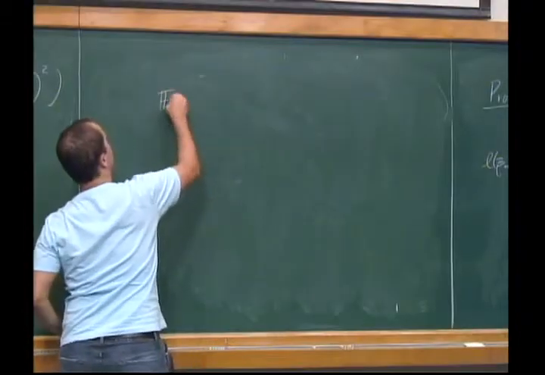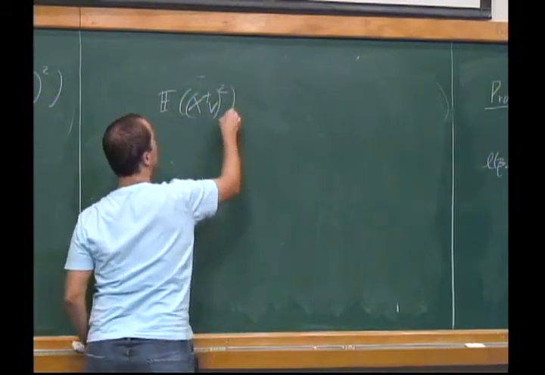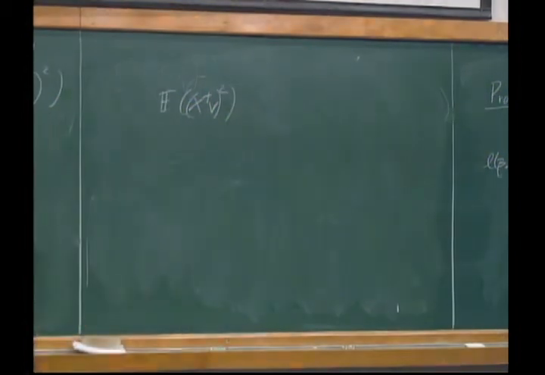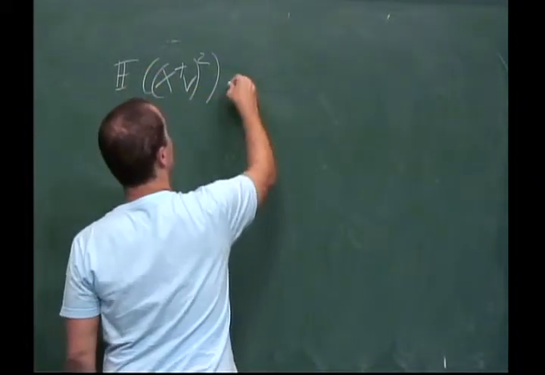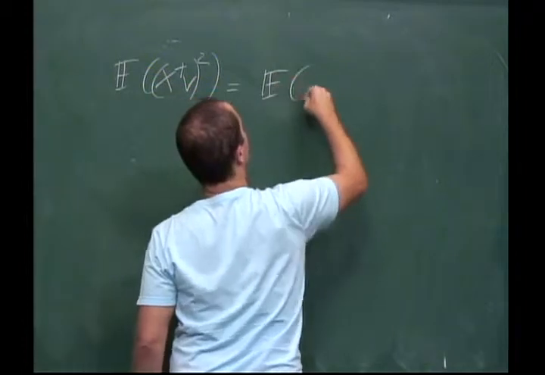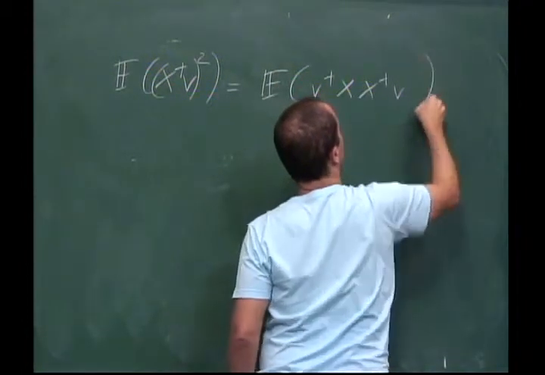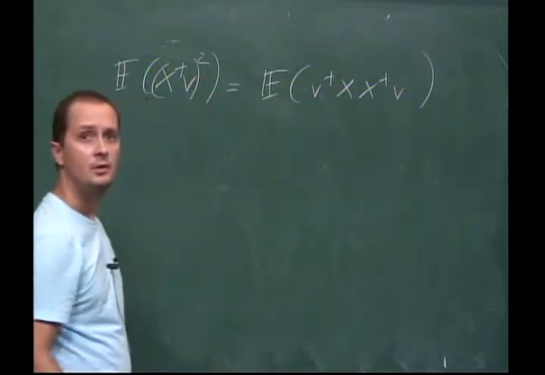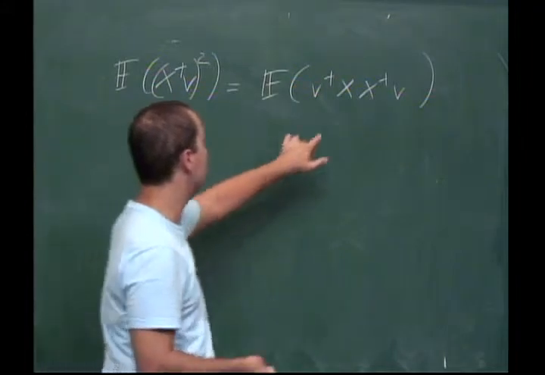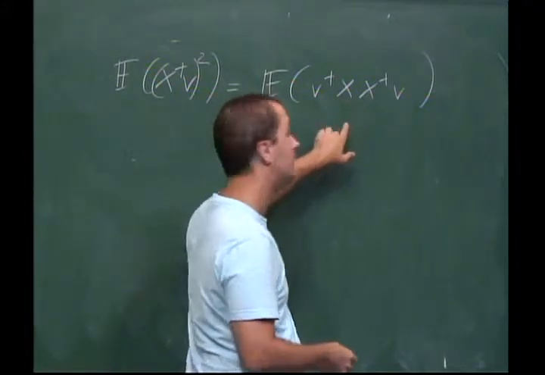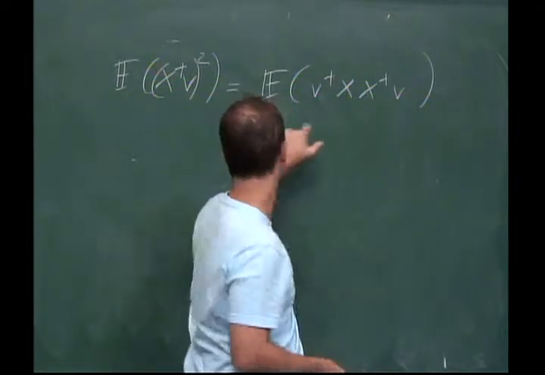Now I have a quantity here, which is the expectation of the inner product of x and v, squared, which is the same thing as this thing here. Do we all agree? It's again because all these matrix products are associative, right? So this is a product of this scalar by this scalar, which is this.